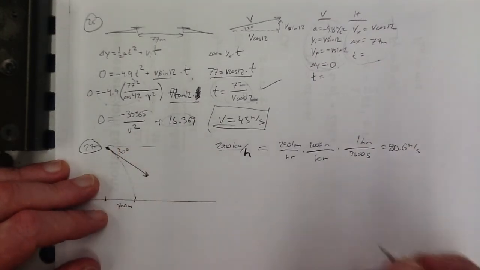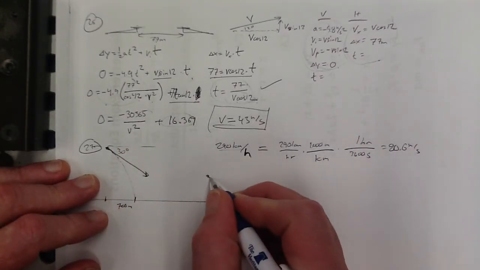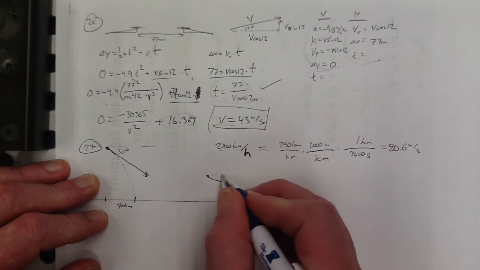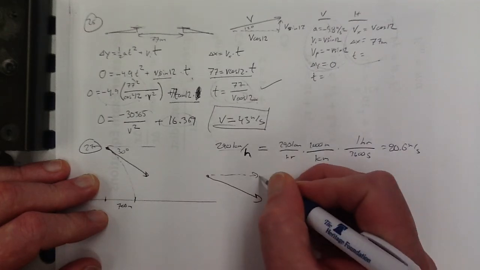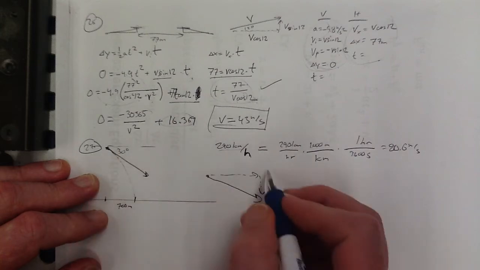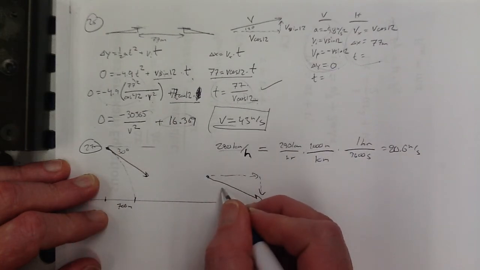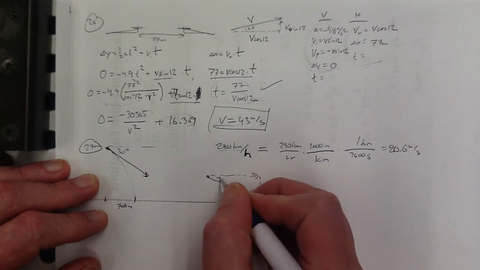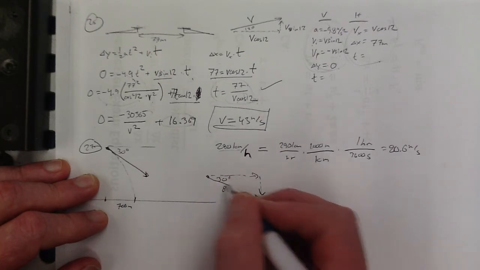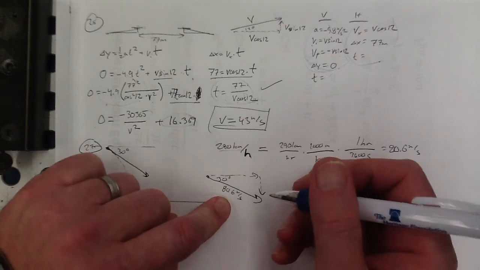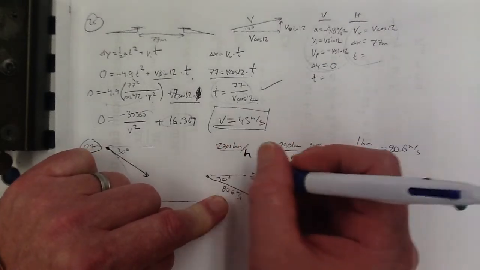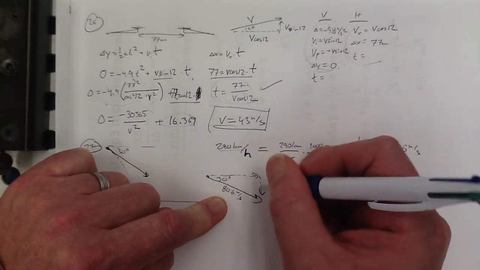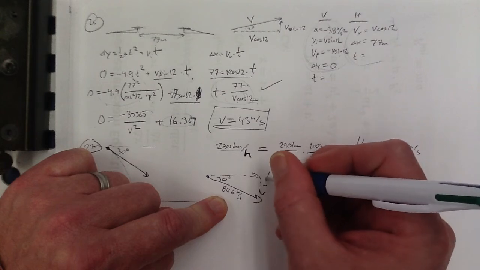All right, let's break that velocity up into its components. This is 80.6. This is 30 degrees. The sine of 30 is a half, and since it's going down, that is going to be negative.